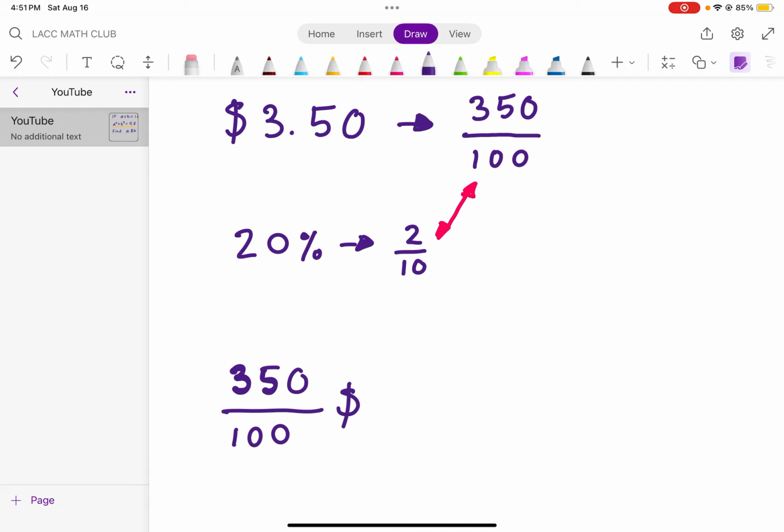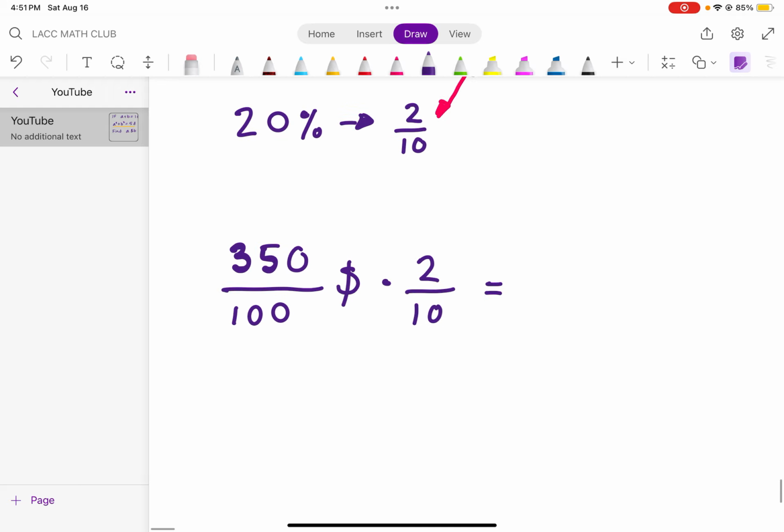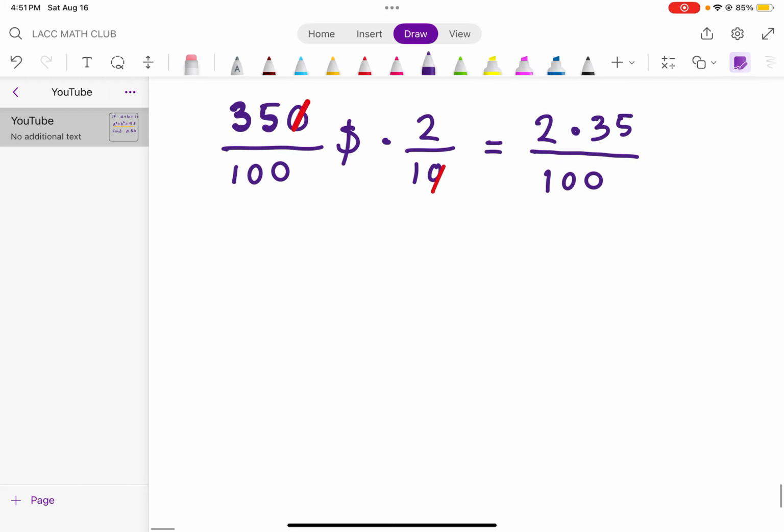I'm gonna write a dollar sign next to it just so we know what we're dealing with. And this being a percent, I'm not gonna write percent next to it. So what does this equal? Well, the zeros here will cancel out. We're gonna have 2 times 35 over 100.